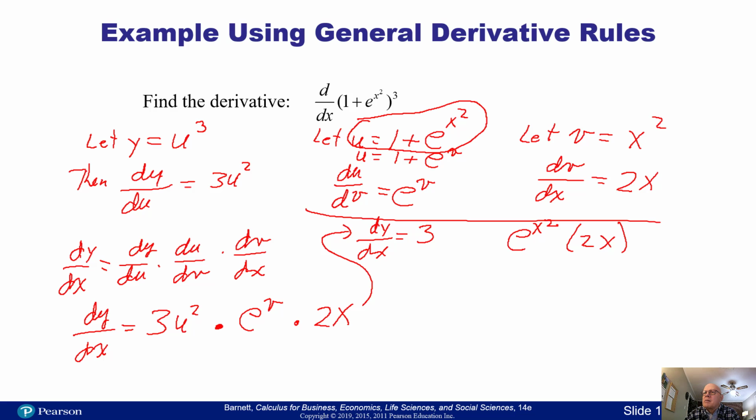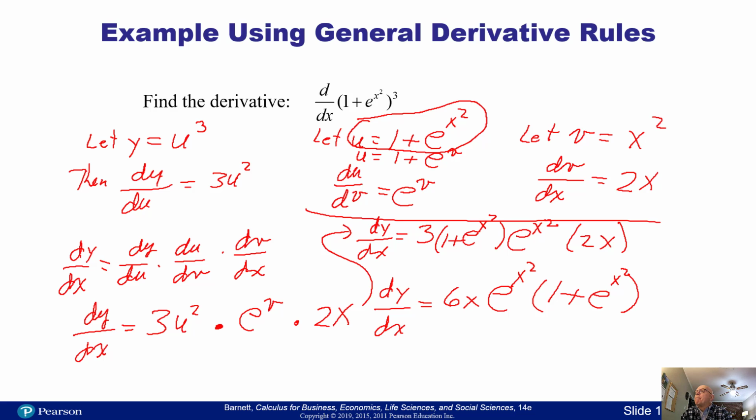So we've got 3 times (1 plus e to the x squared) squared, and that's our u. Now we can put them together. So we finally got dy/dx. And we can rearrange these terms a little bit. We can bring the 2x out front, 6x. Bring the e to the x squared here, and the (1 plus e to the x squared) squared there. And we've got our answer.